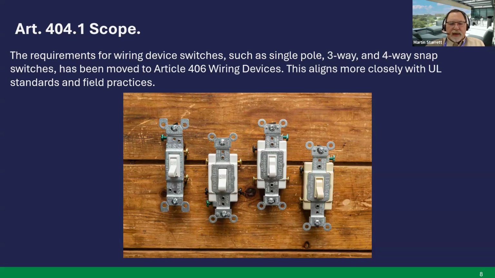I will say, as an electrician over the years, I was always confused why these were included in this article. But now as we're doing with most of 2026, we're putting stuff where it needs to be, and we'll talk about Article 406 here in just a second.